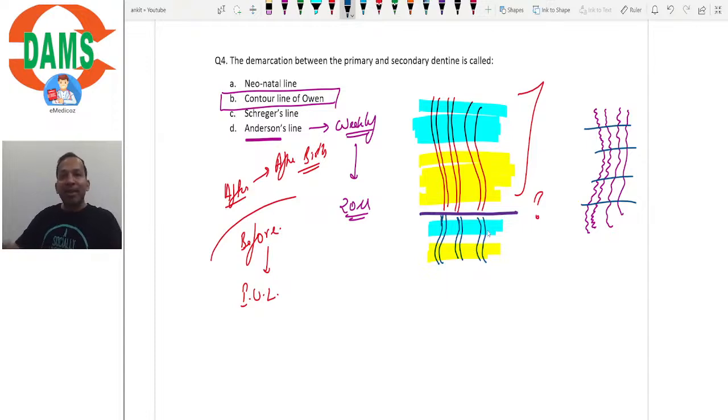The secondary dentine is less regular as compared to the primary dentine. The number of dentinal tubules is also less and more irregular. So there is a definite demarcation between primary and secondary dentine, and we have included it under the explanation of contour line of Owen. So the answer is option B, contour lines of Owen.